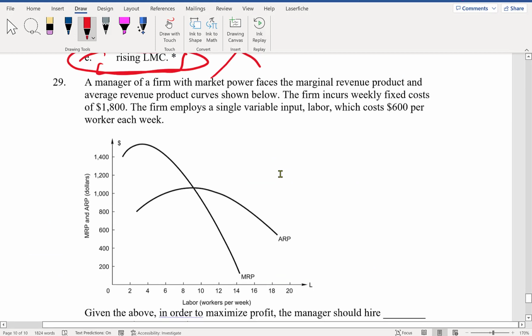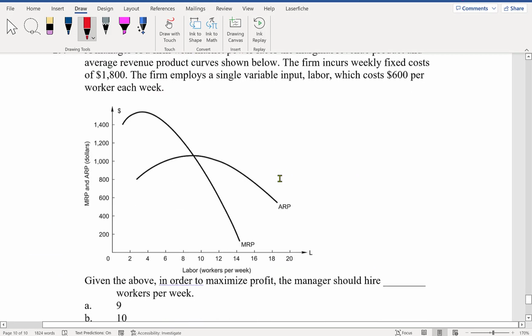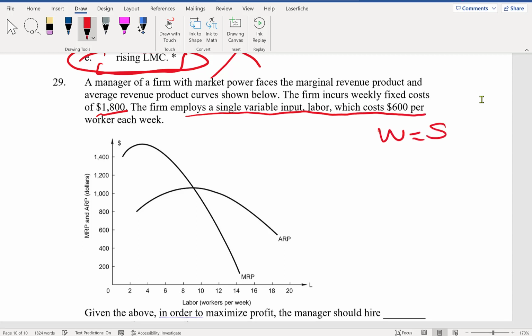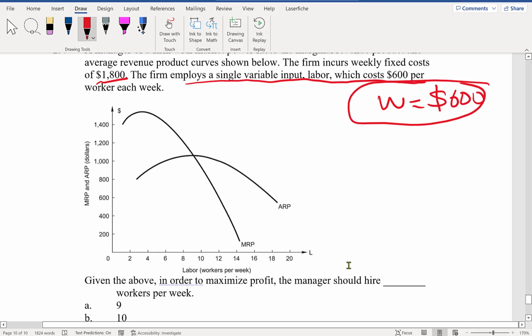Let's go. 29. A manager of a firm with market power faces a marginal revenue product and average revenue product curve shown below. The firm incurs weekly fixed cost of $1,800. The firm employs a single variable input, labor, whose wage rate is $600. Given the above, in order to maximize profit, the manager should hire. So it's asking us how many people to hire. Labor is here, 0 through 20.